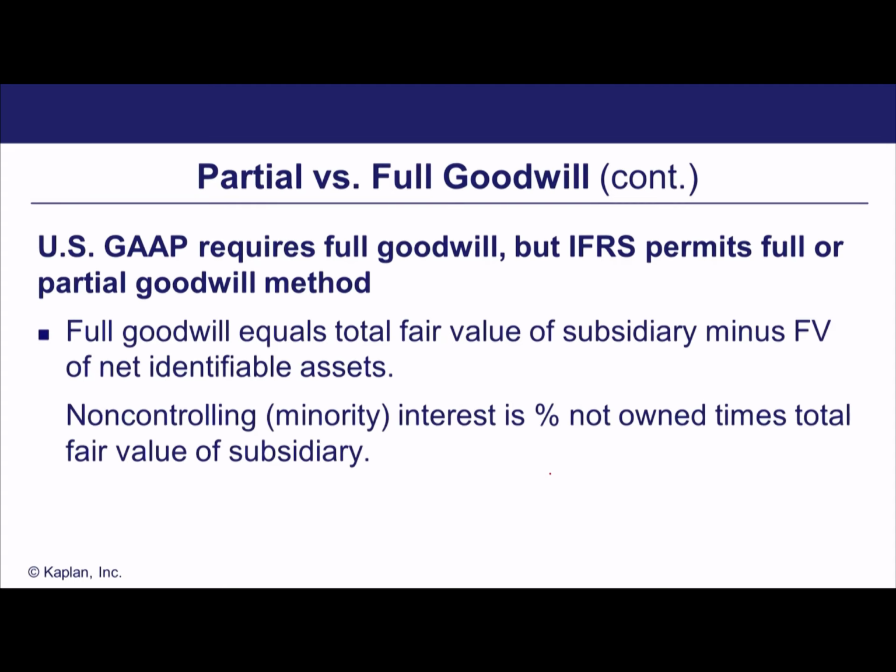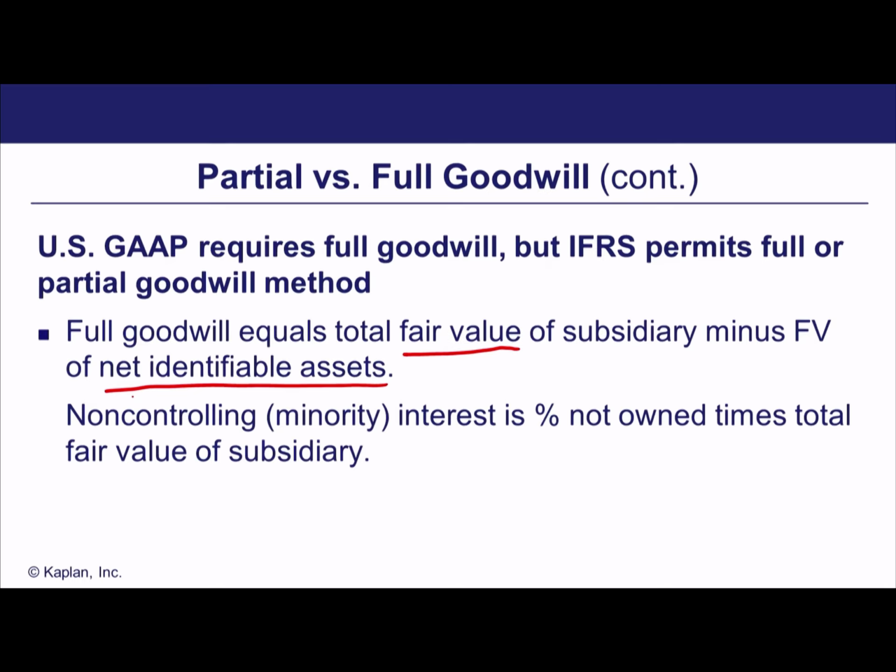What about full goodwill? Now remember, full goodwill is required under US GAAP, but IFRS allows you either to use full or partial. Well, full goodwill is going to be the fair value of the subsidiary, think market value of the subsidiary, minus the fair value of identifiable net assets. So slightly different terminology.